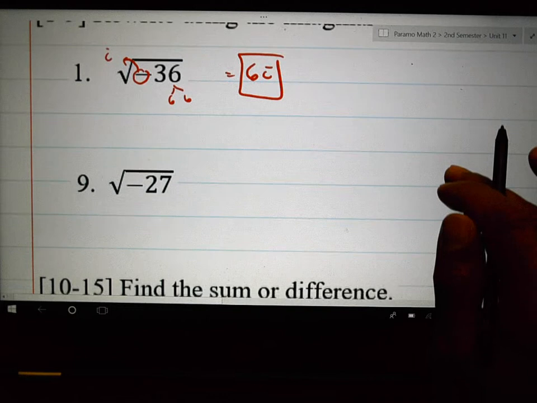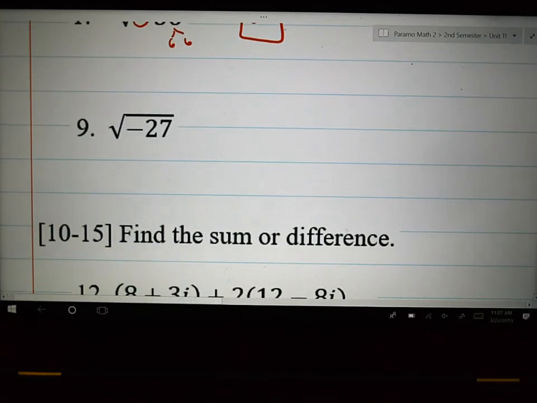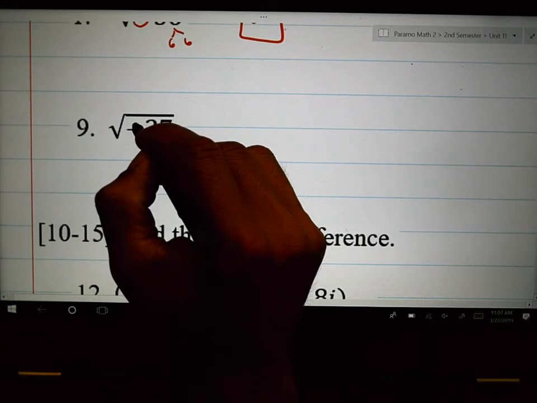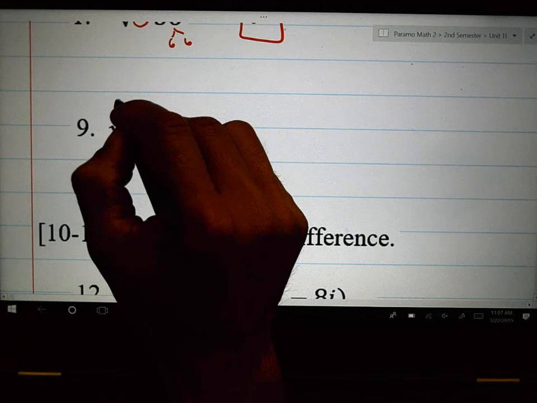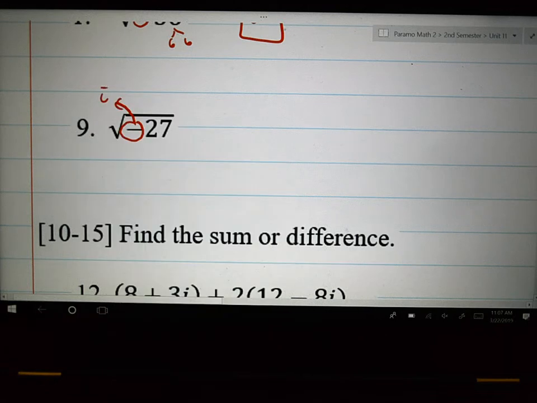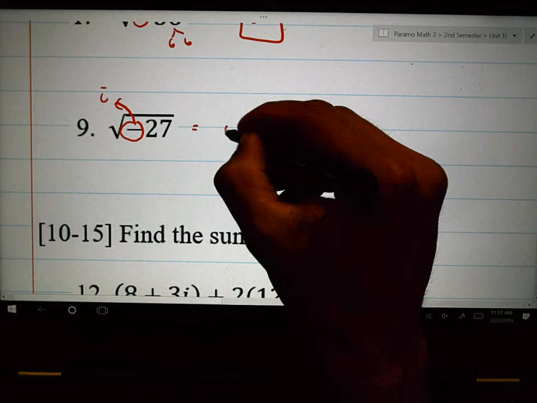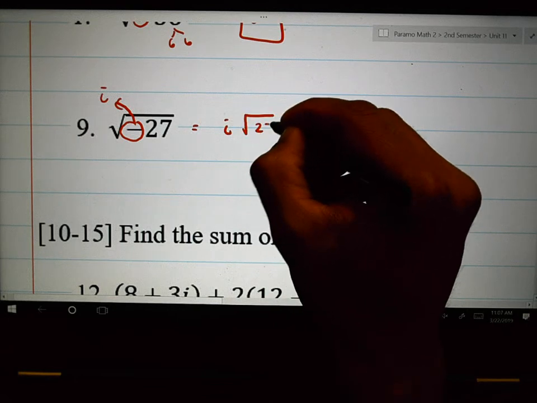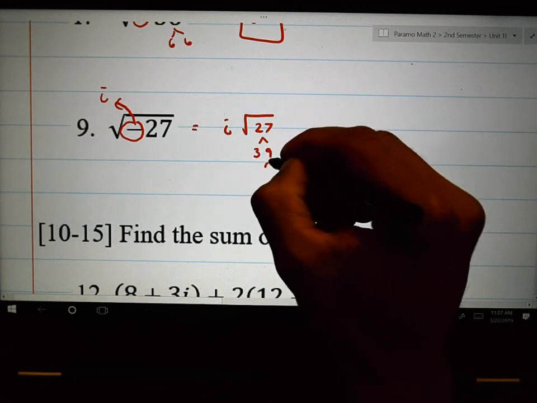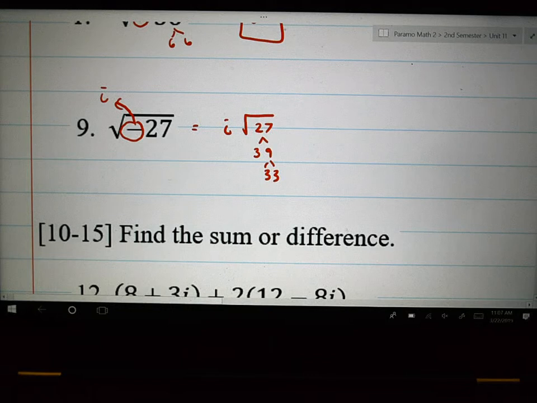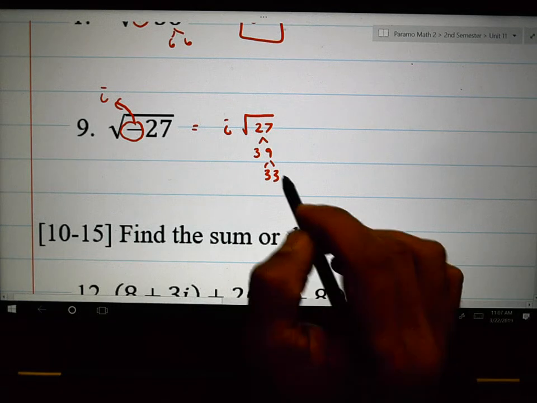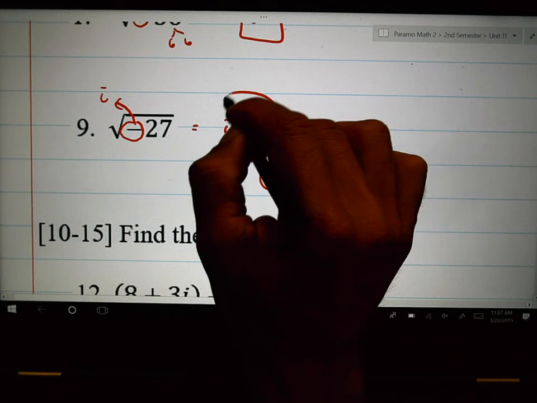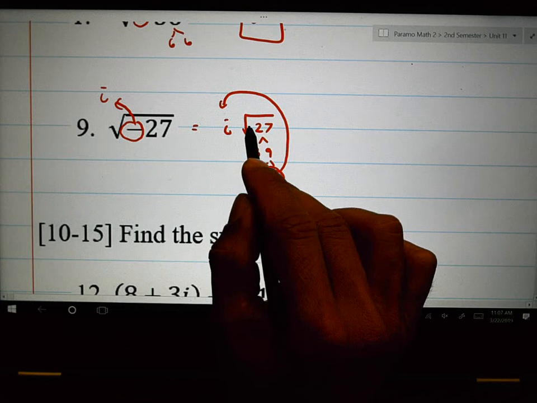The hard ones become, how do I write my final answer? So if you have something like number 9, I want to show this to you. If you have an i outside, and you have a root 27, and you do the 3 times 9 and 3 times 3, sometimes a number will pop out, and there'll be something left inside.